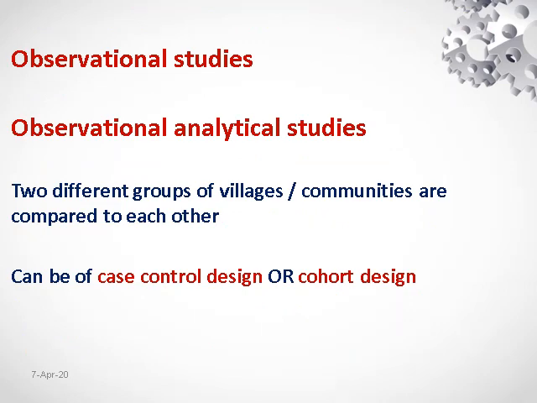Observational analytical studies. Observational studies can be analytical. You can compare one group of people with other group of people, or one group of villages with other group of villages. This can be of two type of designs, case control design or cohort design.